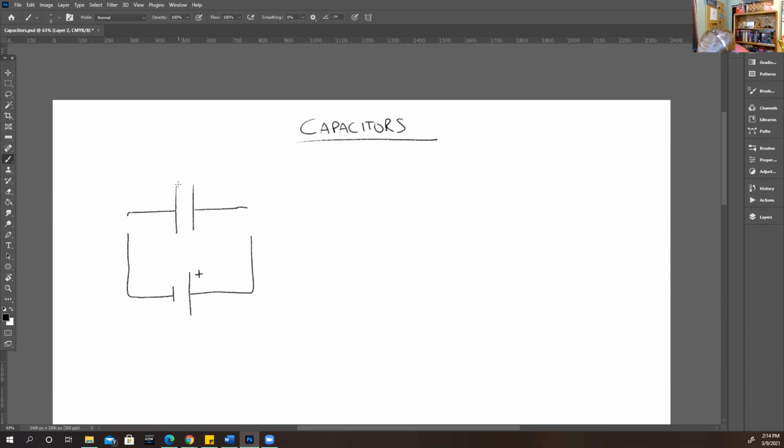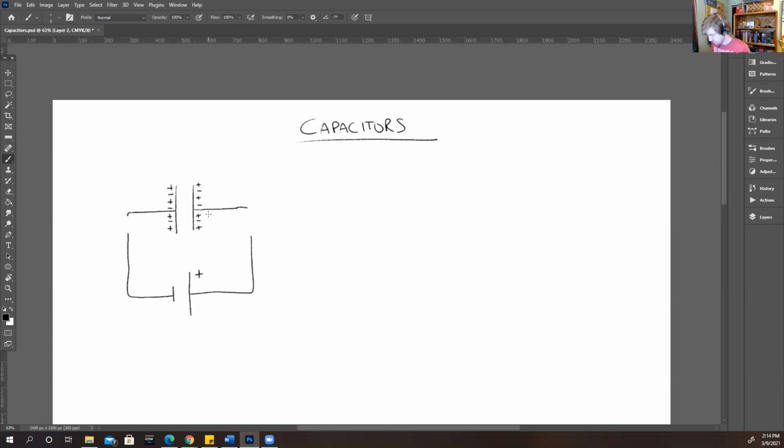So they have an equal number of positive and negative charges on both sides. So they're neutral.